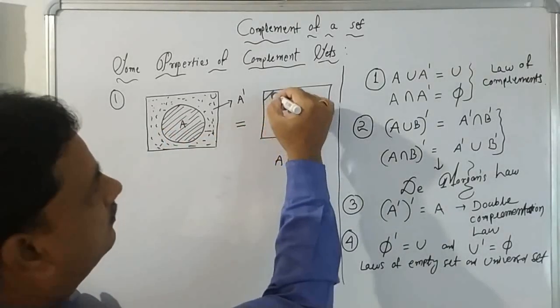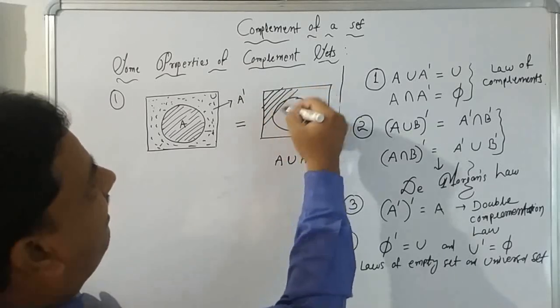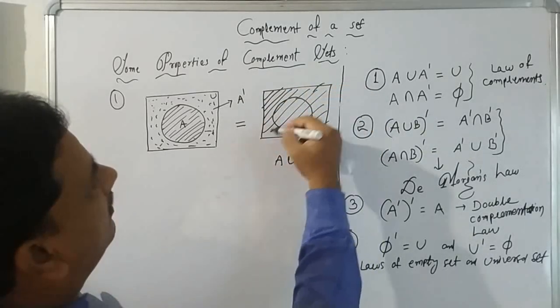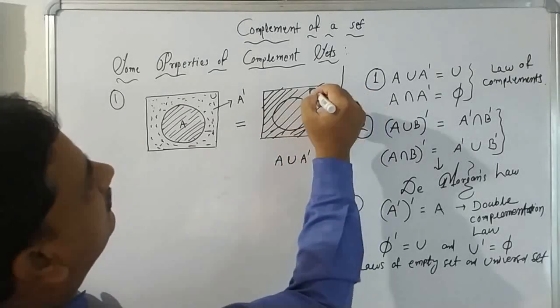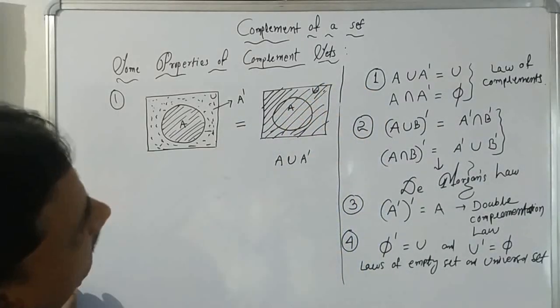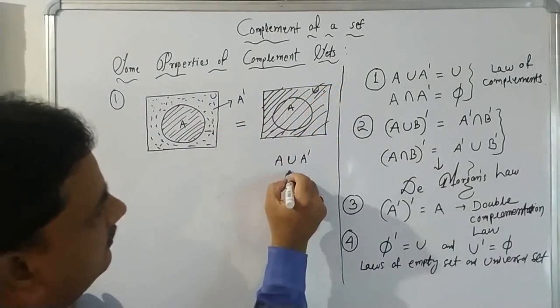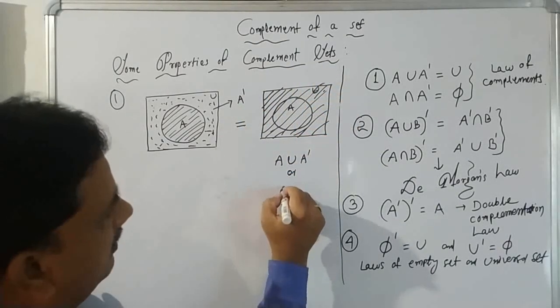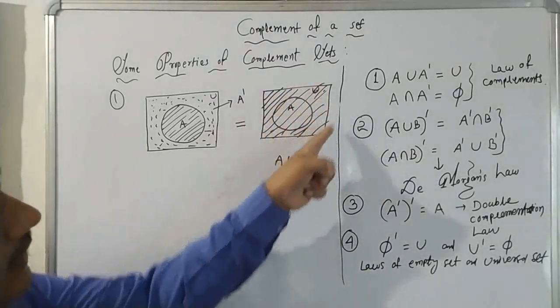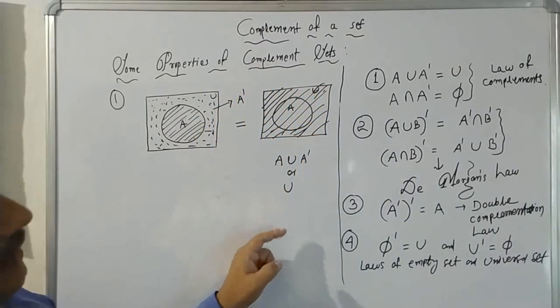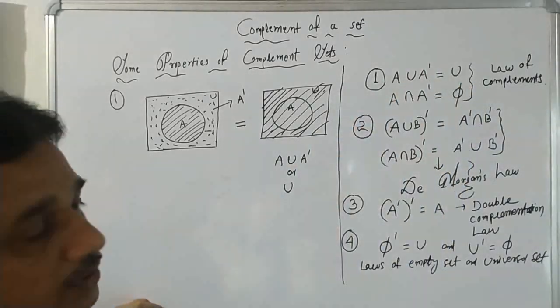That means you have to show this. So what is the shaded portion now? This is U, because you have shown here all the parts of U. Hence A union A dash is equal to U.